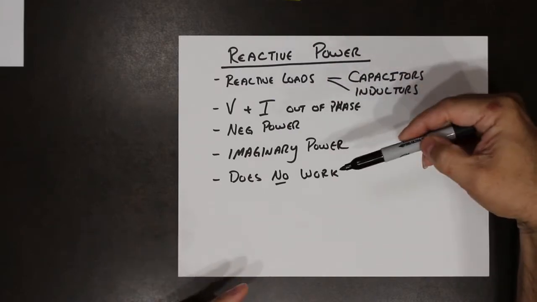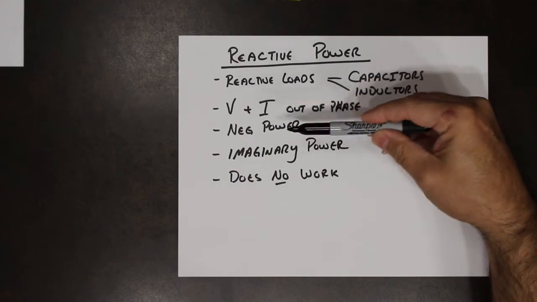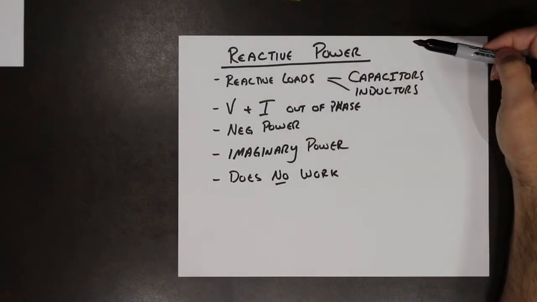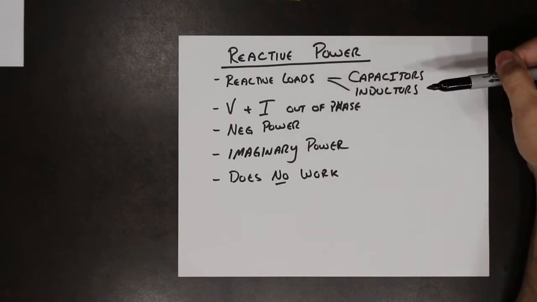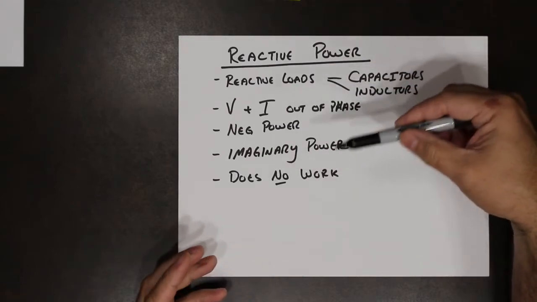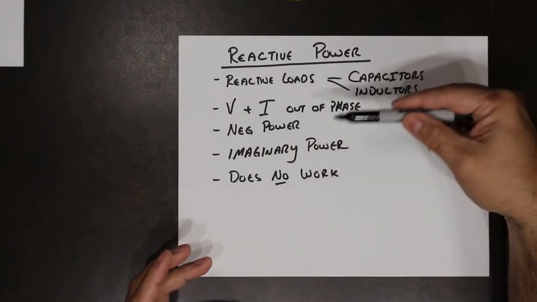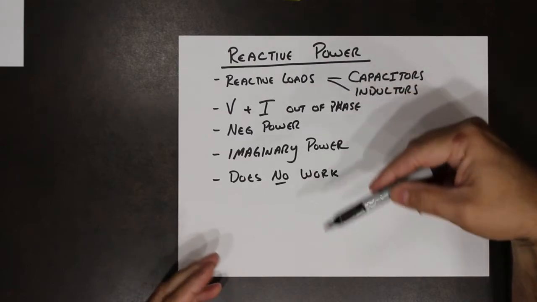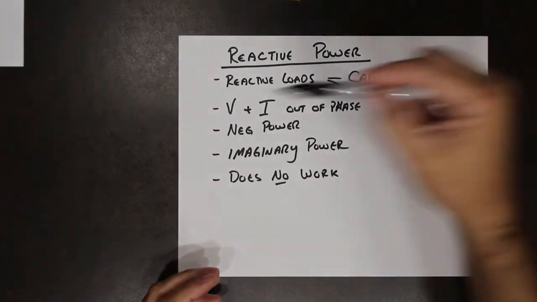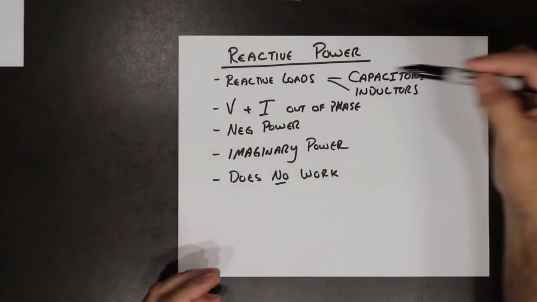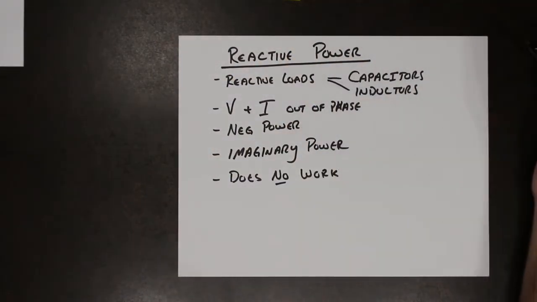It doesn't mean less than zero. So with negative power, we end up sending power back. It is not the power that actually does work in a load. It is not dissipated. It just flows back and forth between the supply and the load.